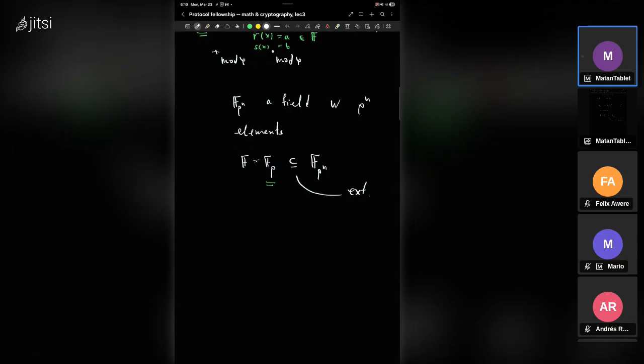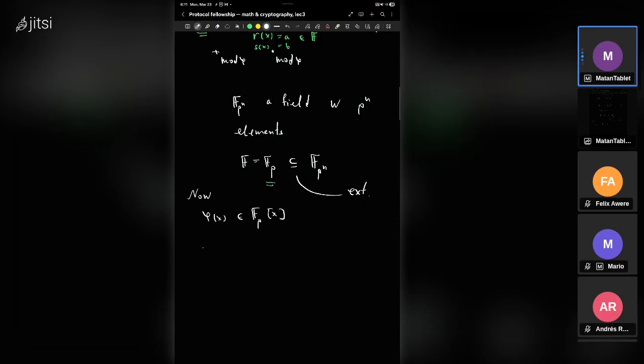and now, since F_p is a subfield of F_p^n, and phi is a polynomial over F_p, like any field extension, I mean, if I give you a polynomial over the real numbers, you can consider it as a polynomial over the complex numbers, because the complex numbers extend the real numbers.